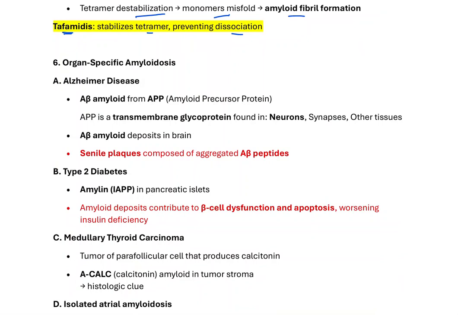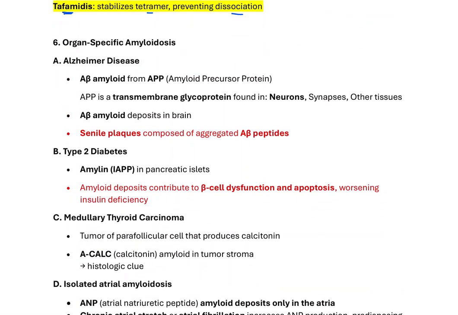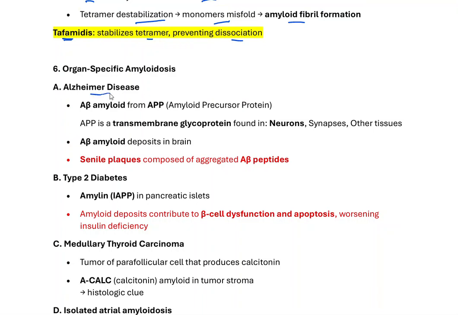Now we've covered the systemic amyloidosis. So now we're going to focus on organ-specific amyloidosis. So the first one under organ-specific amyloidosis is Alzheimer's disease. And as we know, Alzheimer's disease is due to accumulation of beta amyloid protein, and this comes from our amyloid precursor protein.